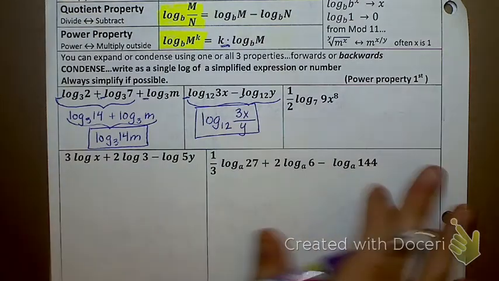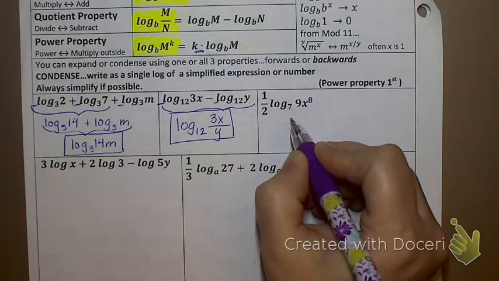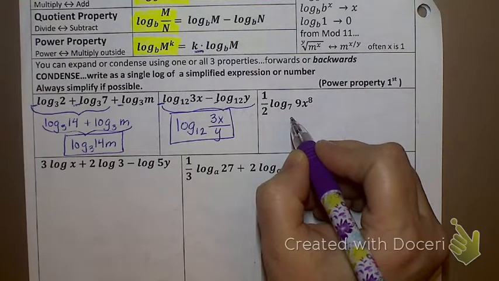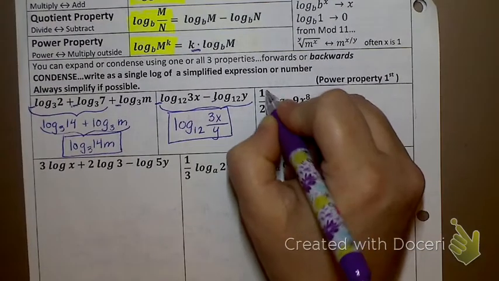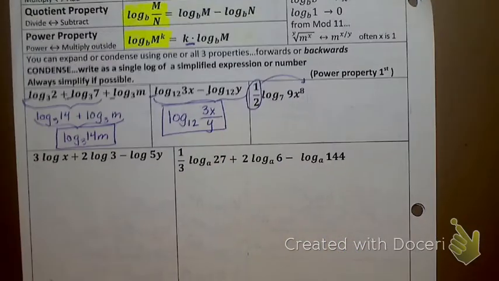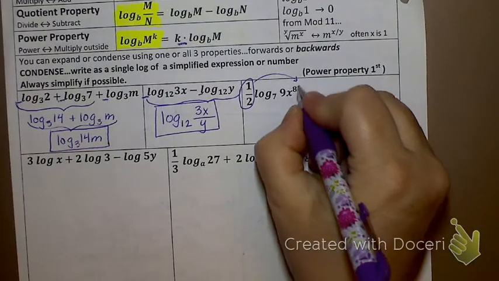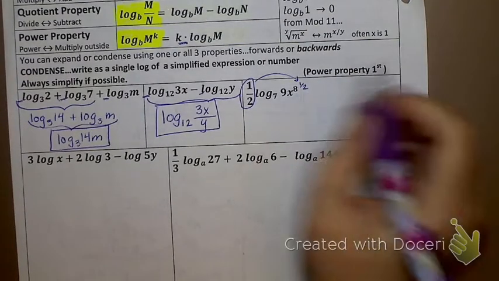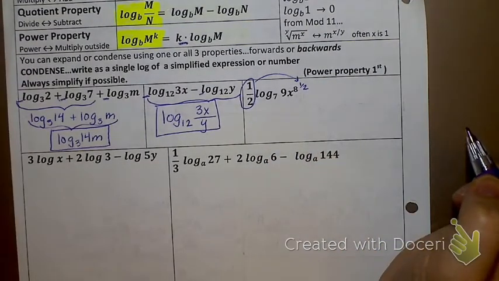All right. Last one over here. Do I have any exponents? Yes. So I need to take this, and I need to bump it back to being an exponent. Now, let's talk about this for a minute. Because I can't just throw a 1/2 on there and do 8 times 1/2 and call it a day.